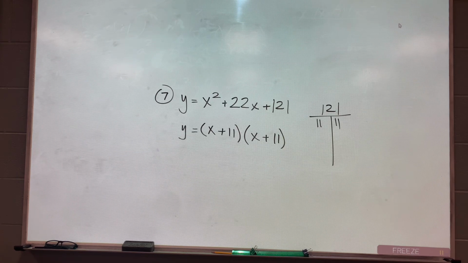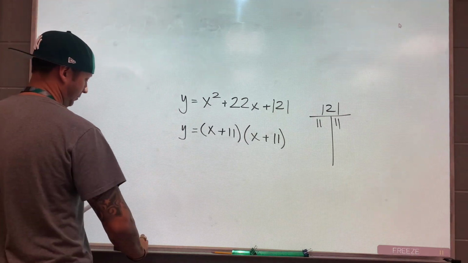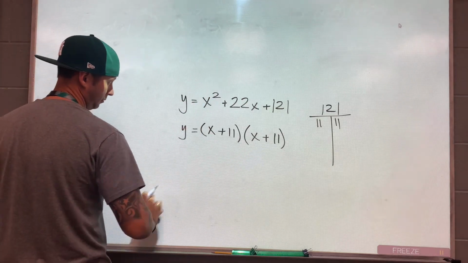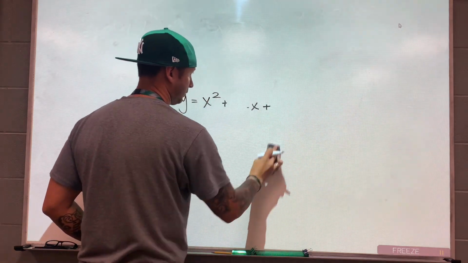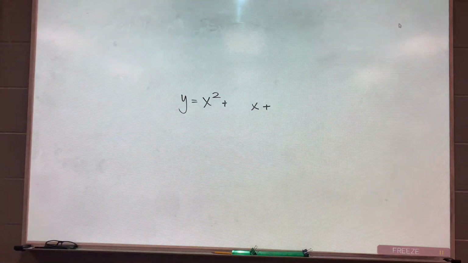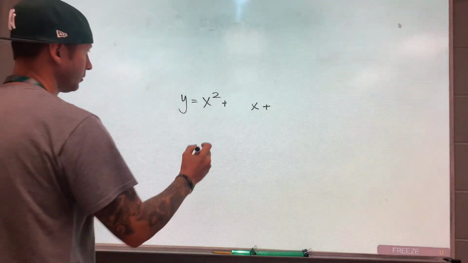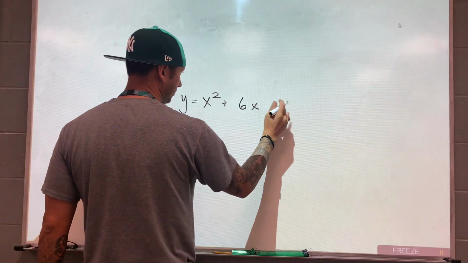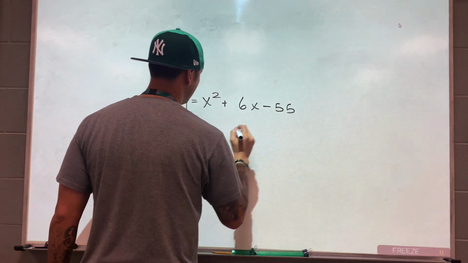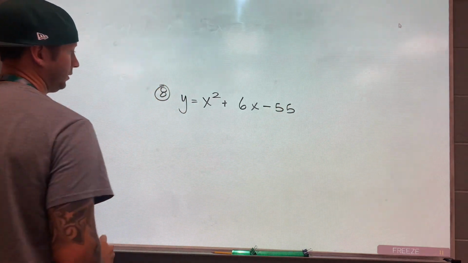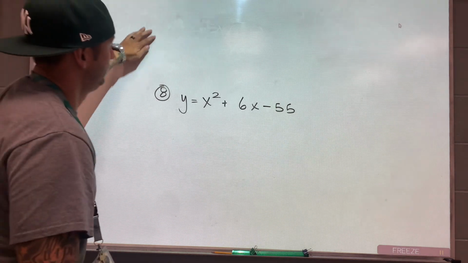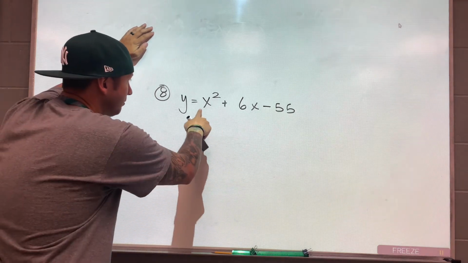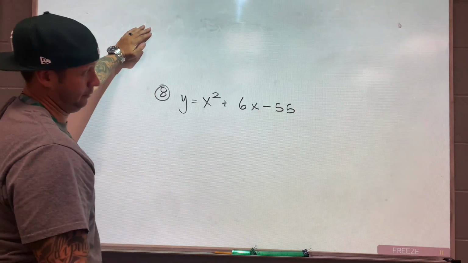All right, so get number 8. Plus 6x minus 55. All right, again, I'm factoring. This is a 1, so I can factor it like normal.